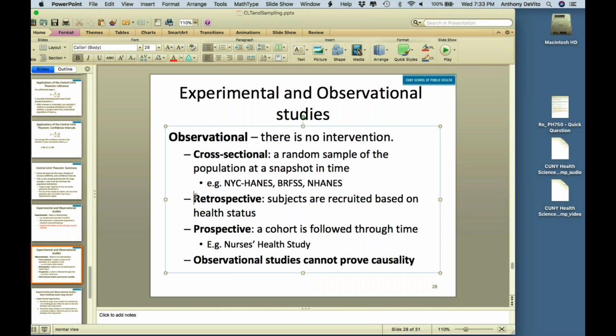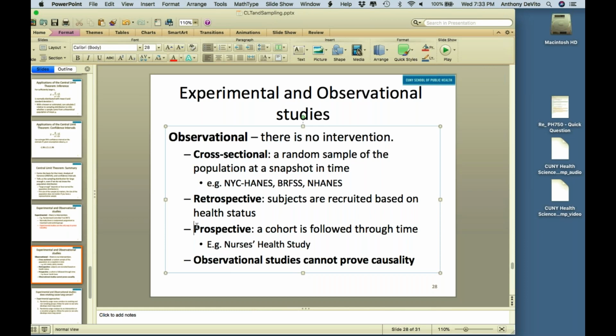A retrospective study, you look at subjects based on their health status. For instance, if you want to do a retrospective study of cancer patients, you go to a clinic where there are cancer patients and you interview them and you look at their history of exposures and health issues and so on and so forth.